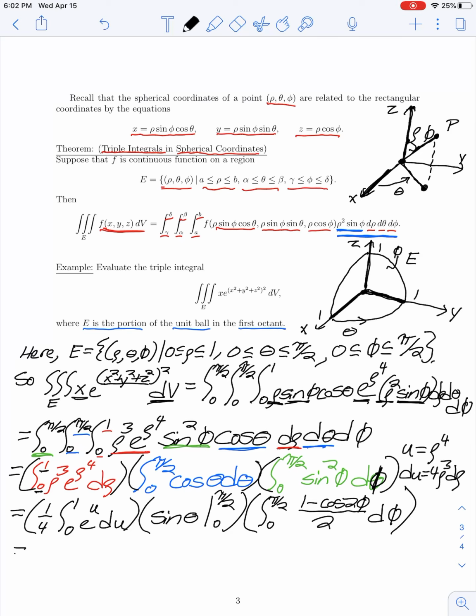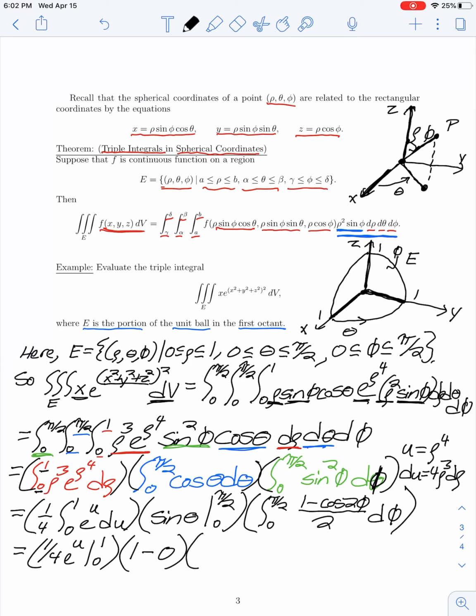So let's see what we have. We have for the antiderivative of this first term a 1/4 e to the u, which is being evaluated from 0 to 1. This middle term, we had sine of theta, so evaluating it at pi over 2, sine of pi over 2 is 1, minus sine of 0 is 0.